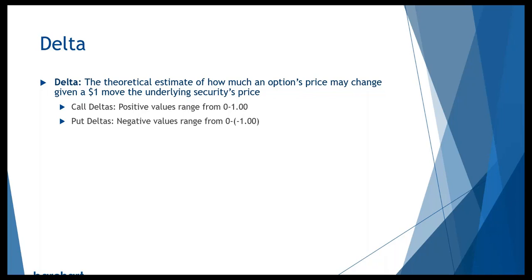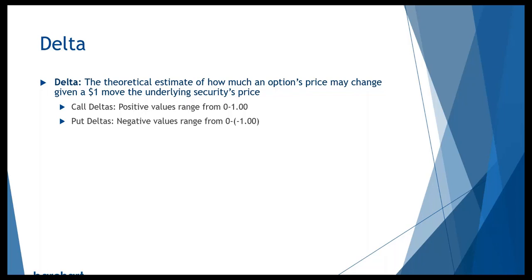Put deltas have negative values, ranging from 0 to -1. And the closer an option's delta is to 1 or -1, the more the price of the option responds to a change in the price of the underlying. In other words, it acts more like the stock itself.